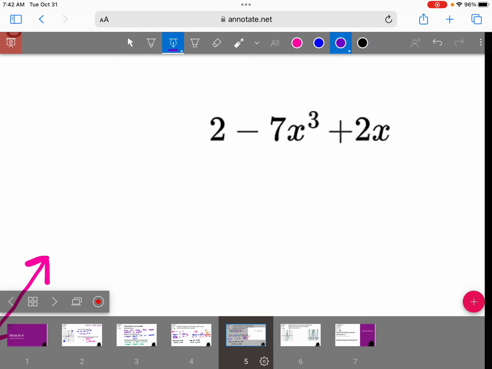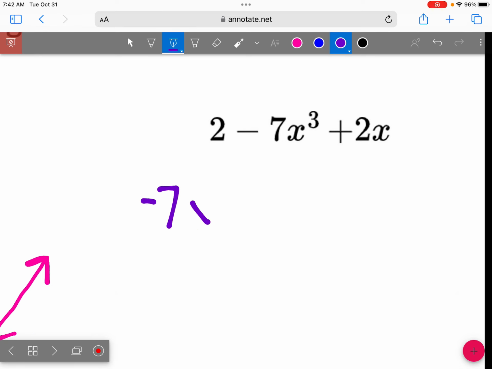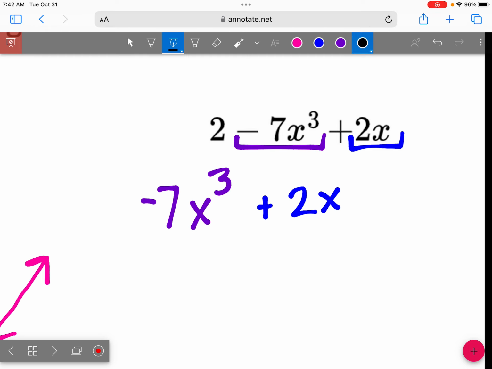So what is our first term going to be? Negative 7x cubed. We've had negative 7 be a term, I think, in every single one of these. I was apparently in a negative 7 mood. So that's our first term, but what's our second term? The plus 2x, which means this guy's going to close with plus 2.